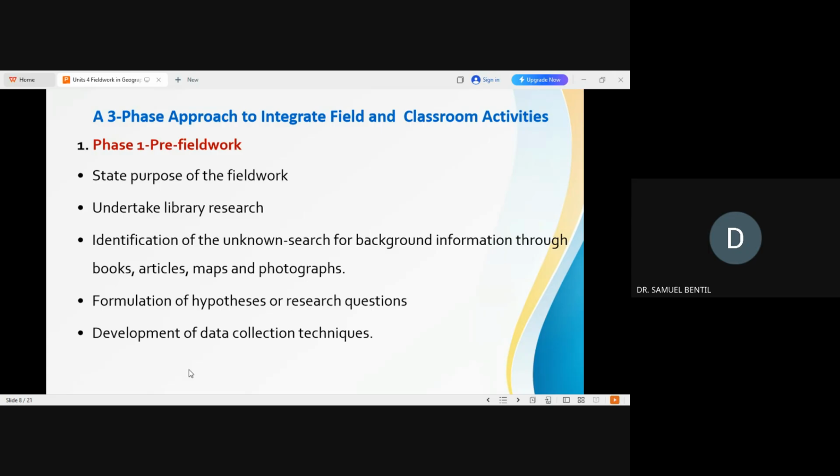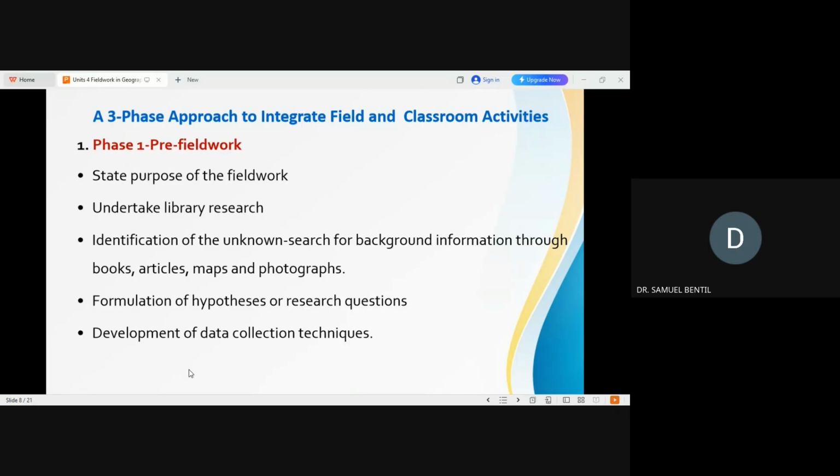Then you must also identify various sources for background information through books, articles, maps, and photographs. So, for example, my brother who spoke about coastal landforms, you mentioned something. If you want to have students do a fieldwork activity, you have to do research about it.